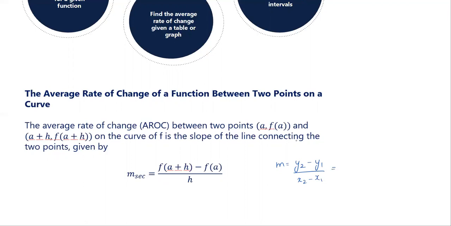Now, instead of y2, you now have f of A plus h, because that's coming from the second point. The y coordinate, you take the difference of the y coordinates over the difference of the x coordinates. So it's A plus h minus A. The a's cancel off, leaving you with the h. And you have seen this as difference quotient in pre-calculus. So you're familiar with this.